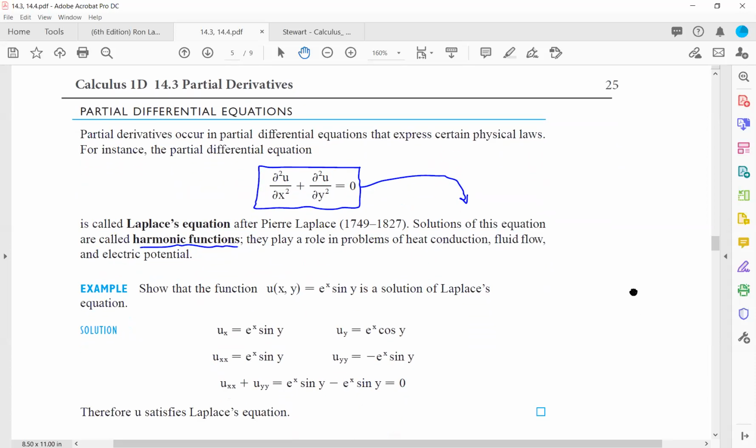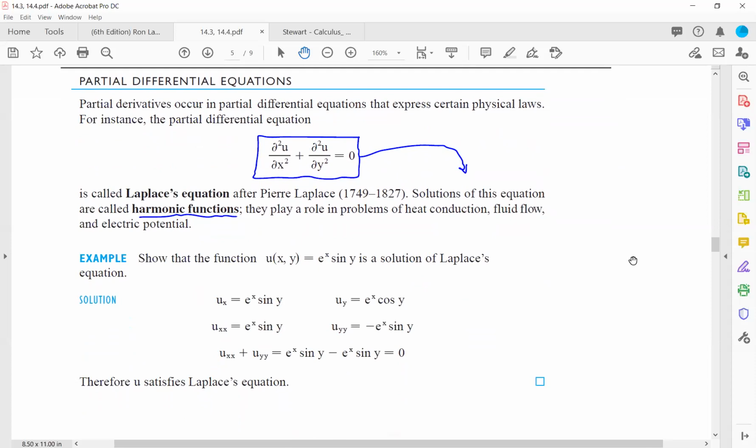Let's take a look at one example, to see what's going on. Can we apply this equation and harmonic functions somewhere? Suppose function u is defined as e to the x sine y, and you know that this is a solution of your Laplace equation. So if you plug this function into the equation, the outcome is 0.